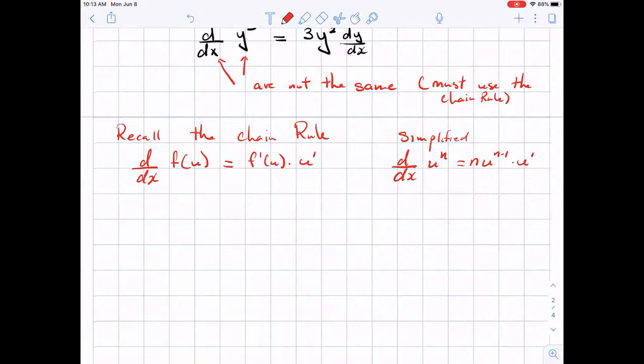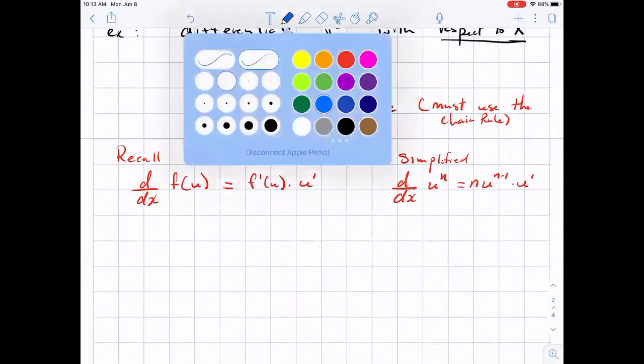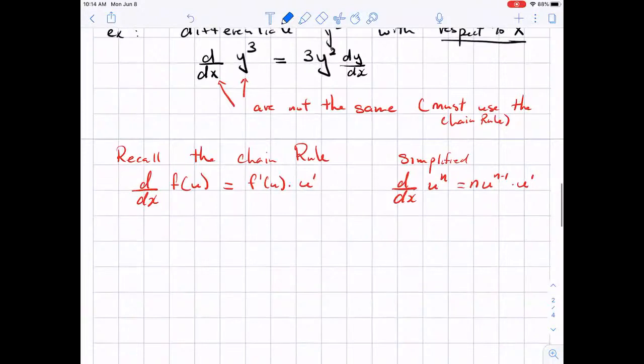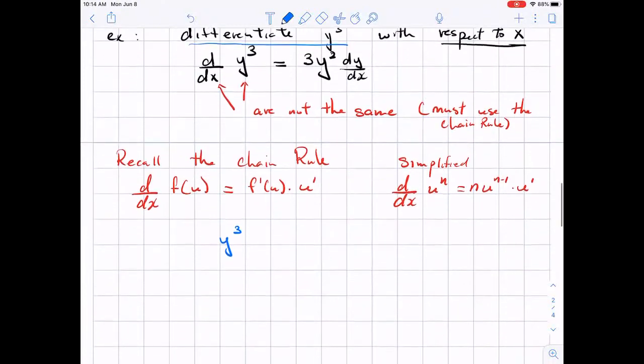And that's really what we did in the example. If we look back at the example, we have y cubed.